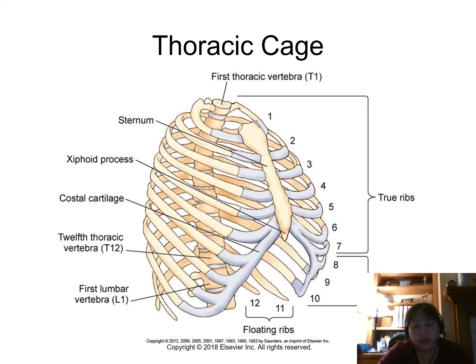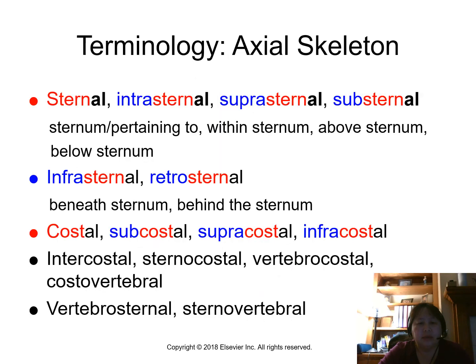So you'll see you have 12 rib bones here, and numbers 11 and 12 are considered floating ribs. So they're really not attached, but they're still considered ribs as well. And the thoracic cage protects all of that: heart, lungs, everything that is located in the rib cage is protected.